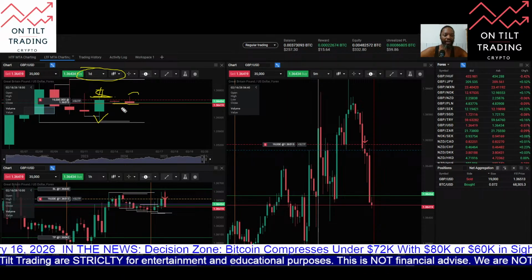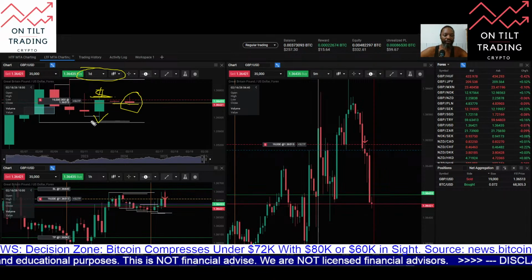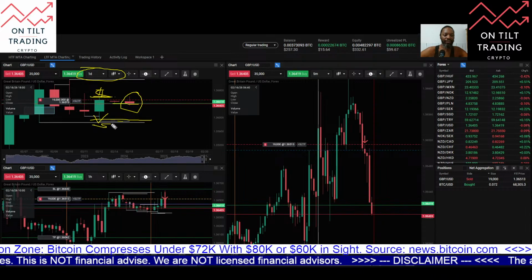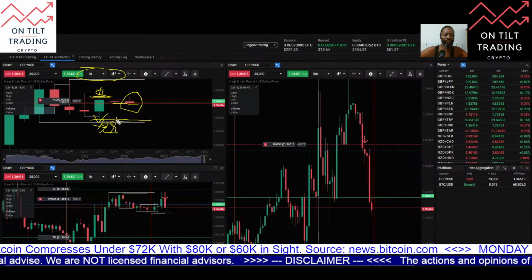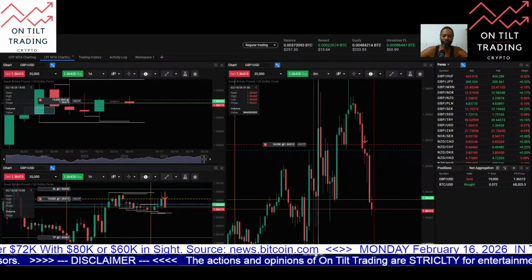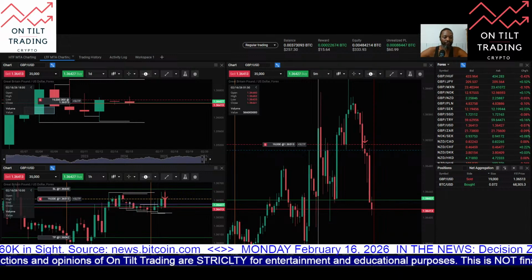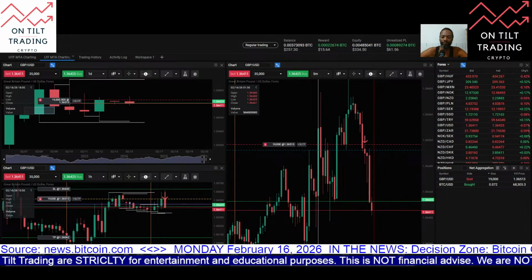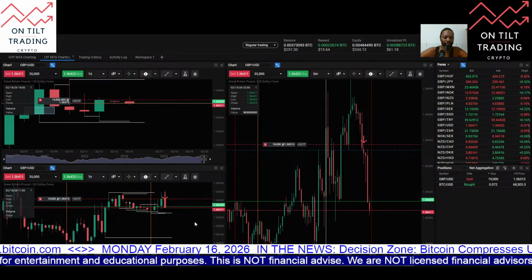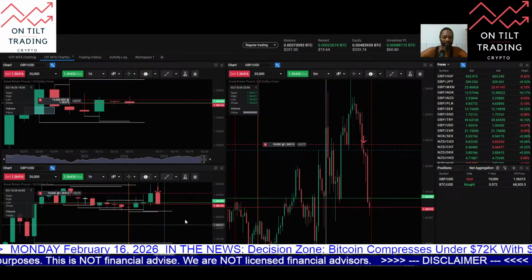So depending on how today's candle closes, may present a trading opportunity for sell side liquidity resting below this swing low here. So far so good, price action delivering to the sell side in my direction here in pound dollar.